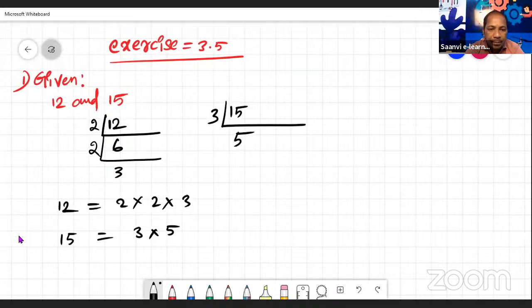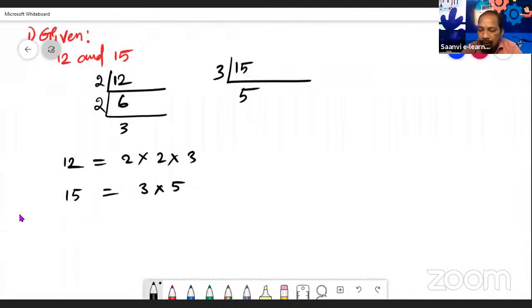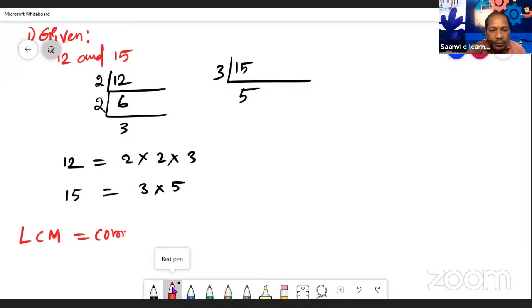Now find the LCM. To find LCM, we have a small formula. What is that formula? Let's see. LCM is equal to common factors into other factors.